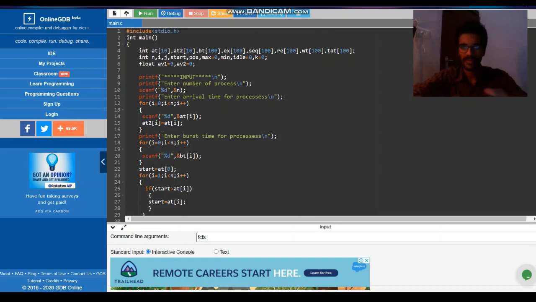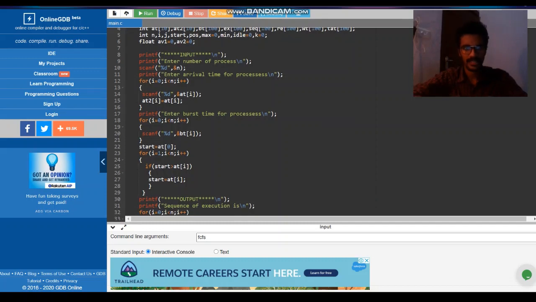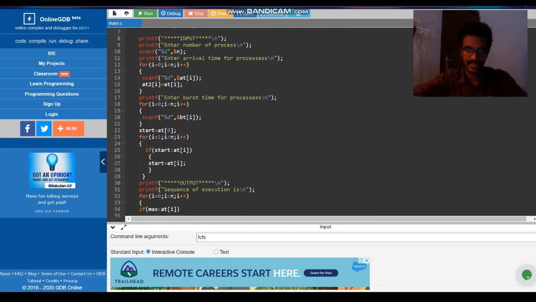And then int i, n, j, placing max equal to 0, min idle equal to 0, k equal to 0. Then taking input using scanf %d for n, that's the number of processes. For the arrival time, I put a for loop and scan AT of i, and then close the bracket.